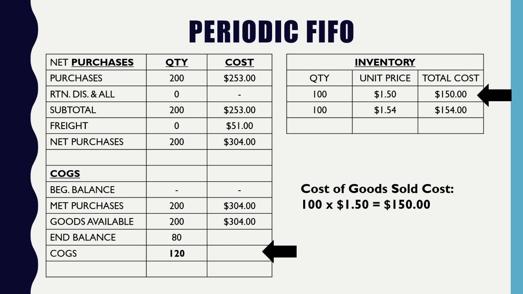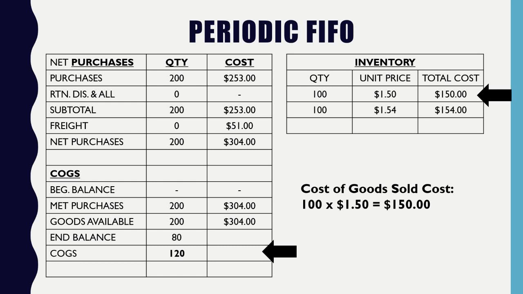We have one batch of 100 at $1.50, which is 150, and our second batch of inventory of 100 at $1.54, which is a total cost of 154. In this case, this is where we're going to build our little table to help us calculate our total cost of goods sold.